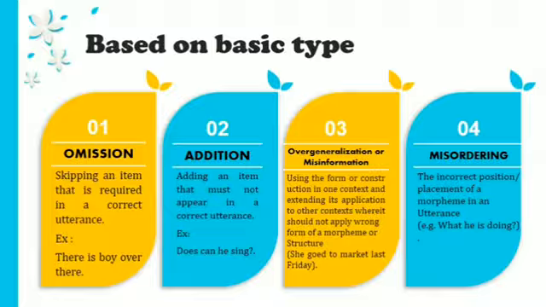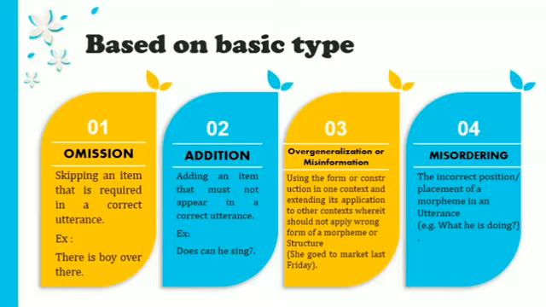The third is overgeneralization or misinformation, using the form or construction in one context and extending its application to other contexts where it should not apply, a wrong form of a morpheme or structure.